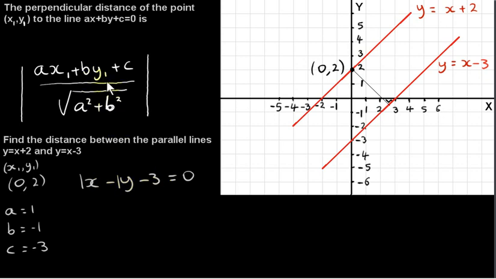So we plug everything into this formula. So a is 1, x1 is 0, b is minus 1, y1 is 2, and c is minus 3. We divide everything by the square root of a squared plus b squared. B squared is just the same as 1 squared.